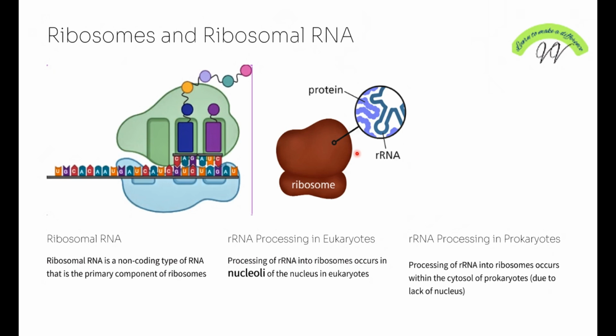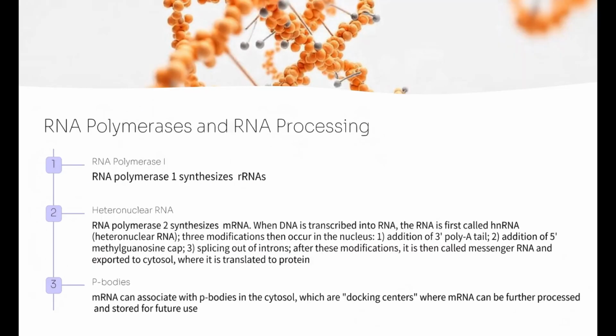This ribosomal RNA is a non-coding one, and it is produced by RNA polymerase 1, which produces the ribosomal RNA that associates with proteins to form these ribosomes. The processing of the rRNA into the ribosomes occurs in the nucleoli of the nucleus. That's what we should know.